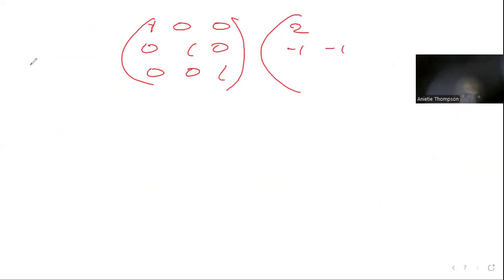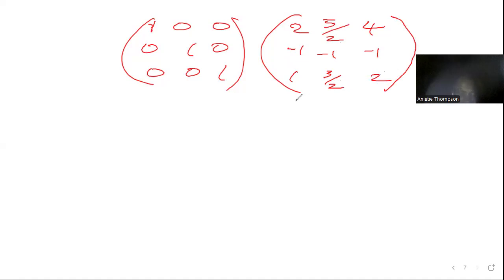Oh, sorry, that's not true. I'm copying the wrong side. All right. So that side will become 2, 5 over 2, 4, minus 1, minus 1, minus 1, then 1, and then 3 over 2, and then 2.